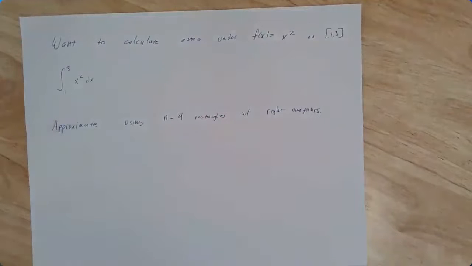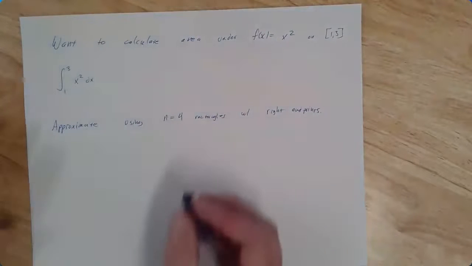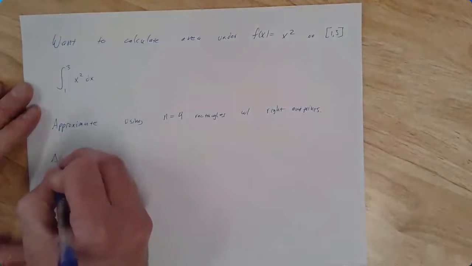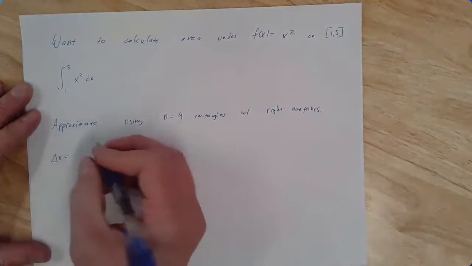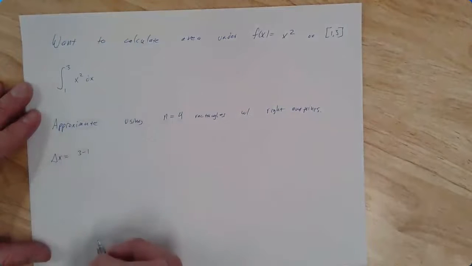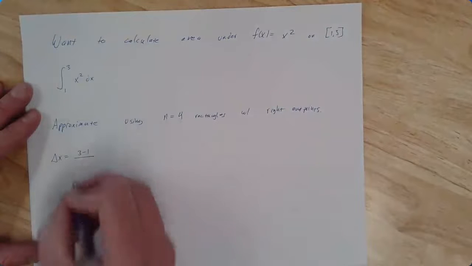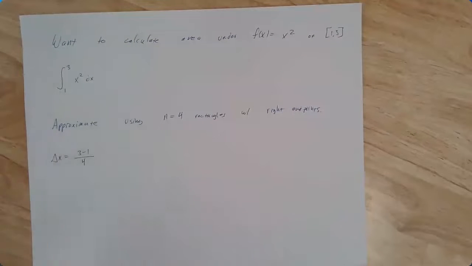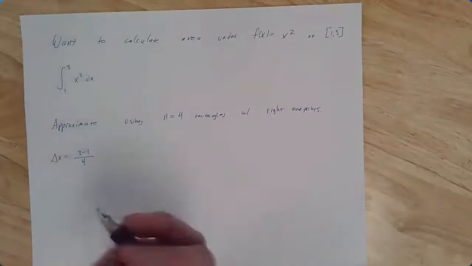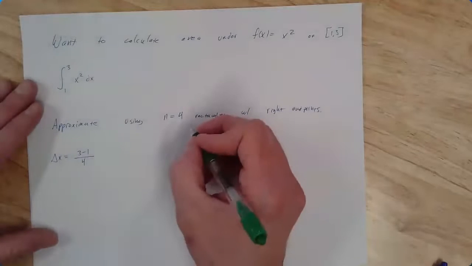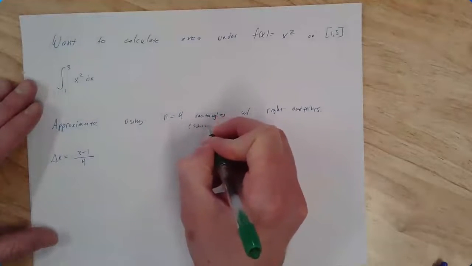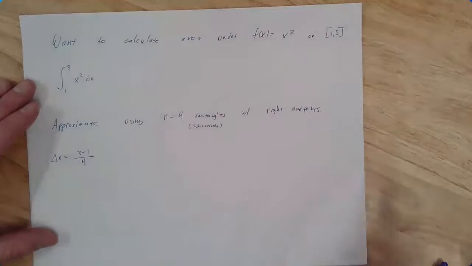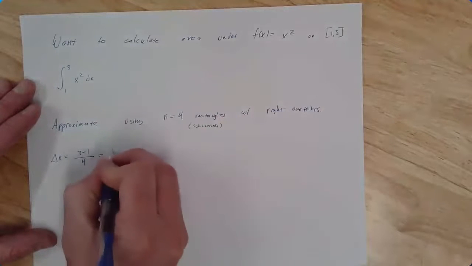Without drawing a picture, here's how we would do that. My delta x is the interval length, 3 minus 1, divided by the number of rectangles, which is 4, the number of subintervals. And that's equal to 1/2.